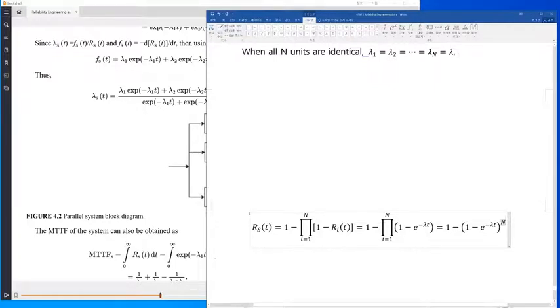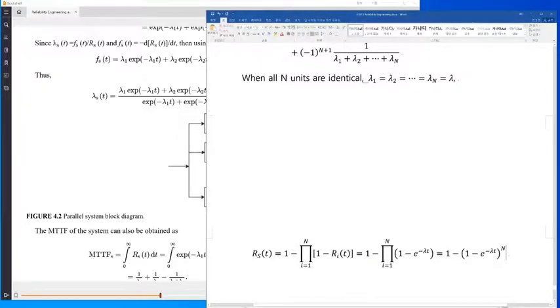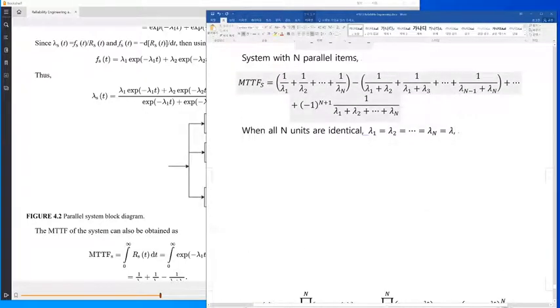And how can you calculate the mean time to failure of the system? Of course, if we replace all lambda i's with lambda, then we will be able to calculate the mean time to failure.